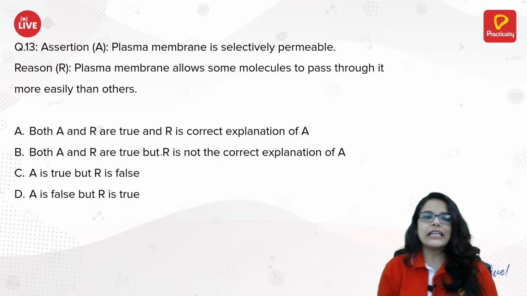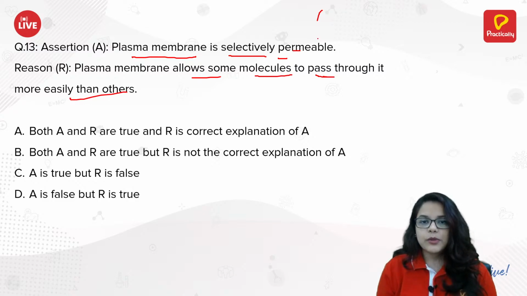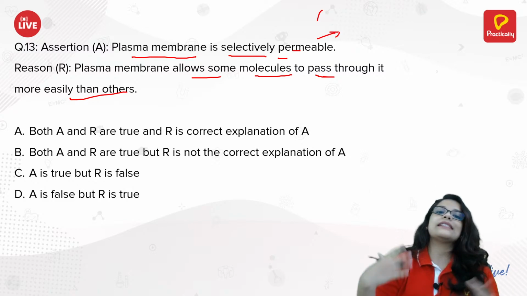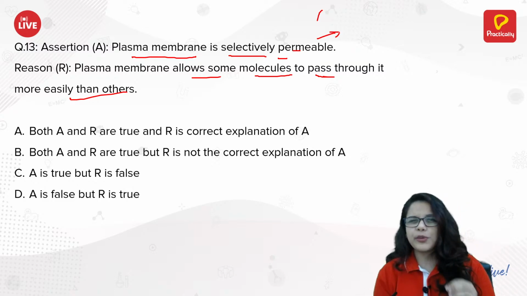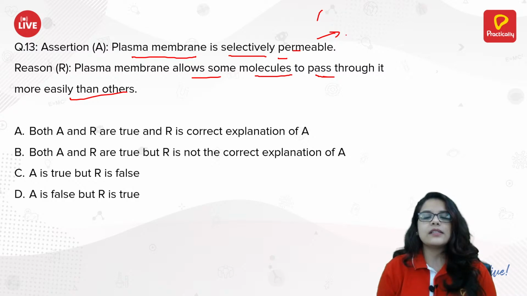Okay, next. Plasma membrane is selectively permeable, and the reasoning is plasma membrane allows some molecules to pass through it more easily than others. Of course, it is selectively permeable. Why? Because only some molecules, smaller molecules, water molecules, are allowed.